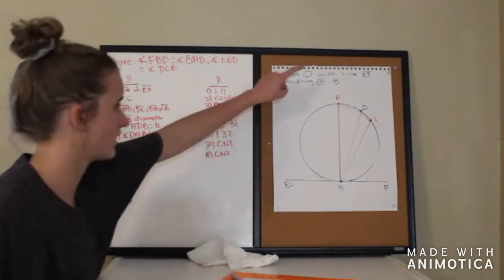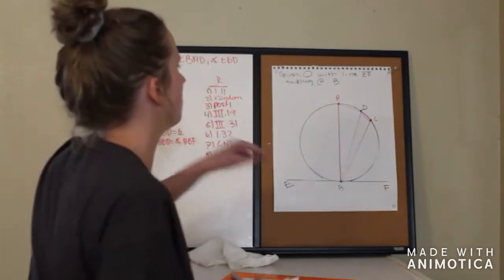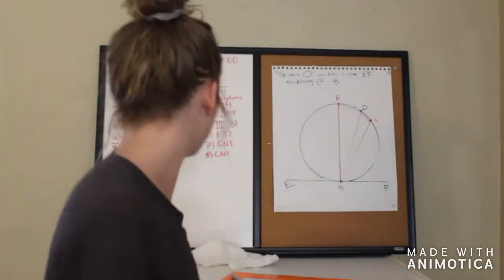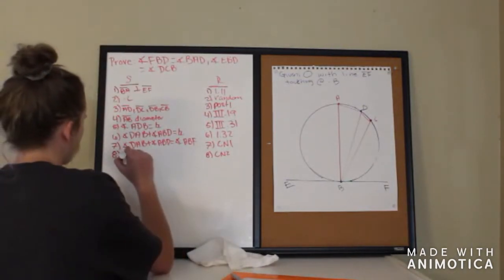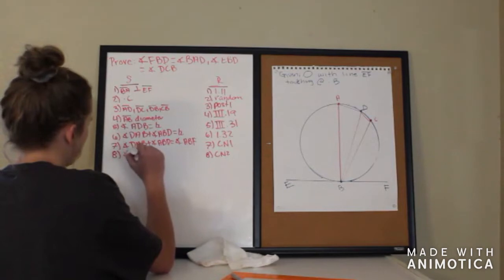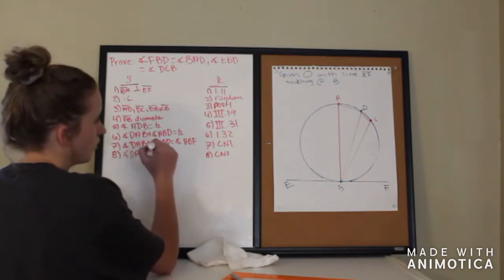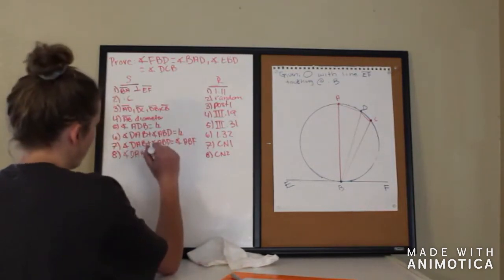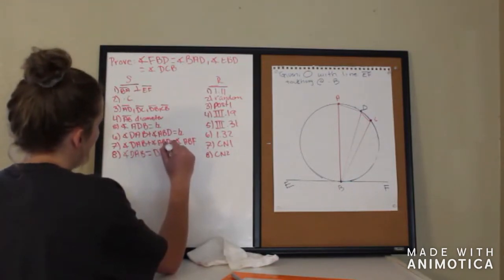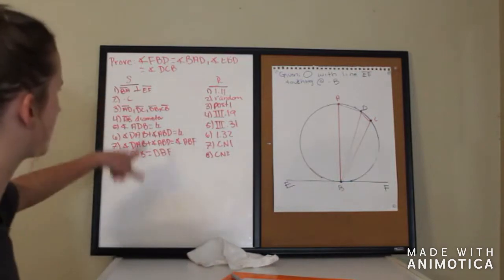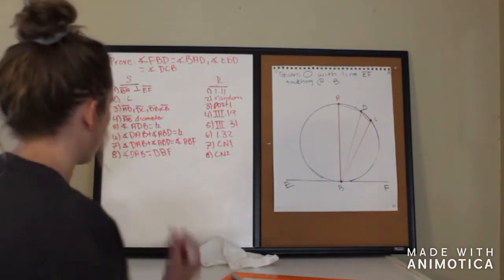Since we're subtracting angle ABD from both sides, we're then left with angle DAB equal to angle DBF, which is the first thing that we were trying to prove. So we can go ahead and start that.